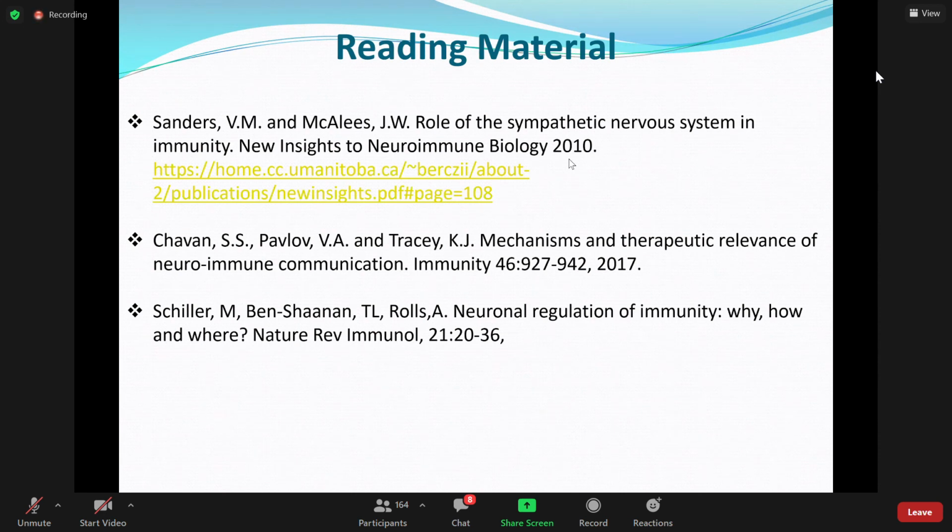CRF, yes, that is corticotropin releasing hormone. The question: are the cells that take up antigen from the brain to the peripheral lymphoid organs the microglia?